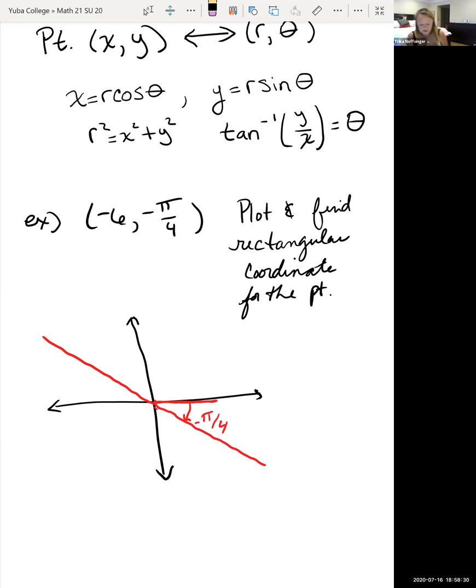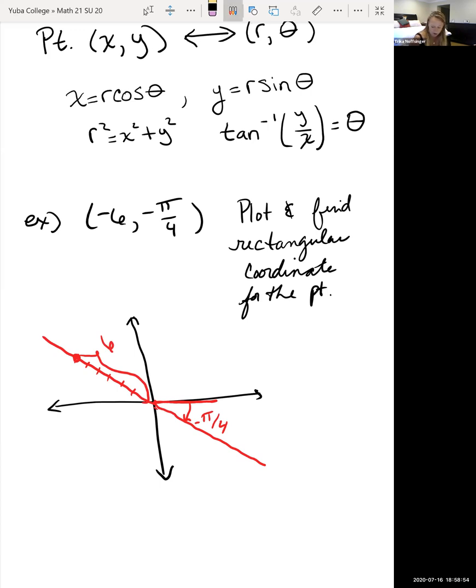And then -6. So instead of going down here in the fourth quadrant where the negative pi fourths laid, I'm going to go in the opposite direction, 6. So we have the point right here, and we know that this length in here is 6.